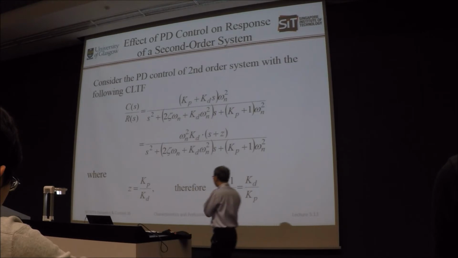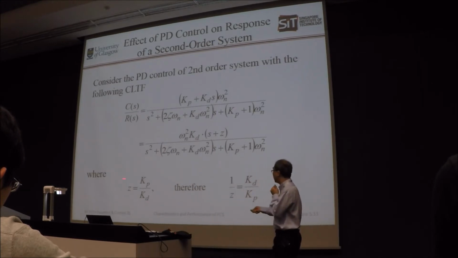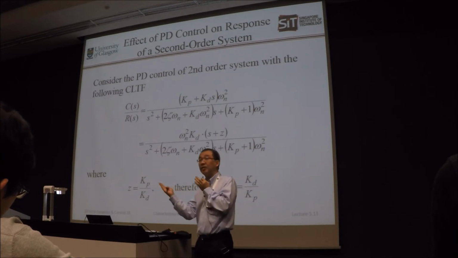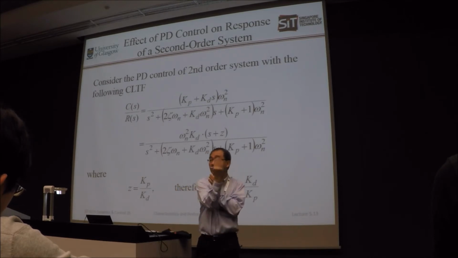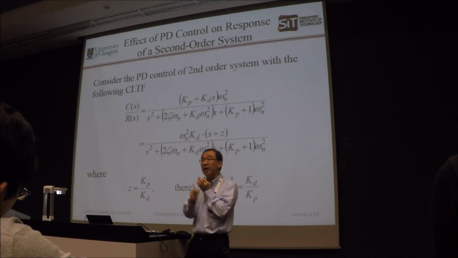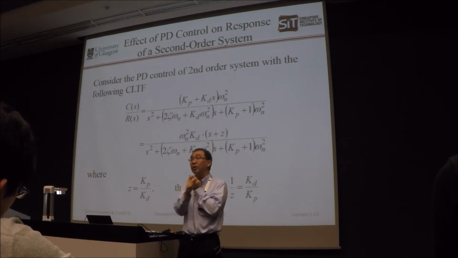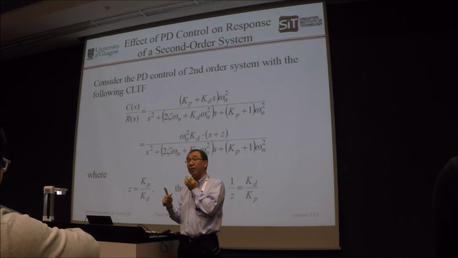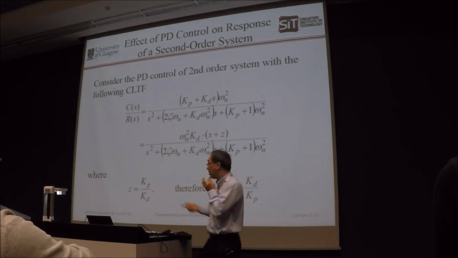If KD is a very small value and KP is a large value, then you have a 0 that is very far out into the left half plane. If KD is a large value and KP is a very small value, then your 0 is very close to the j omega axis. Basically just that.